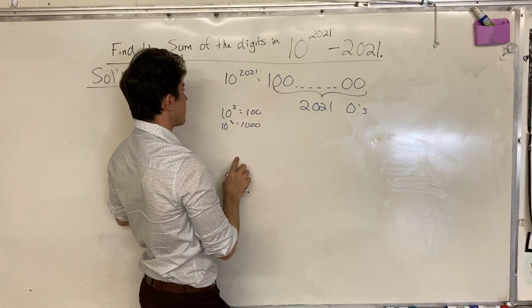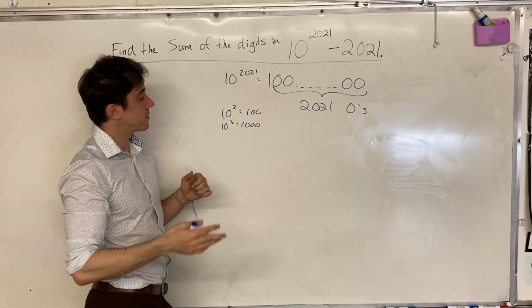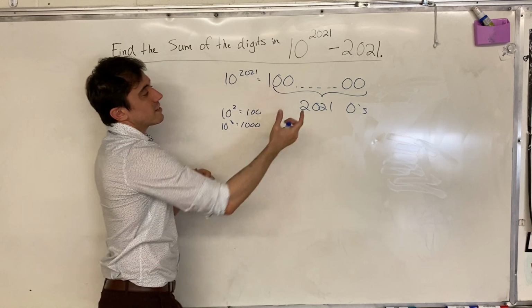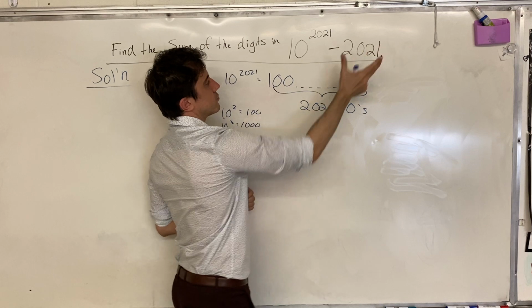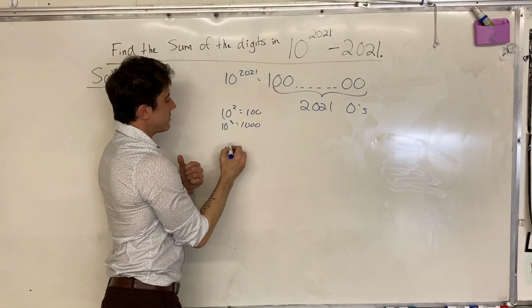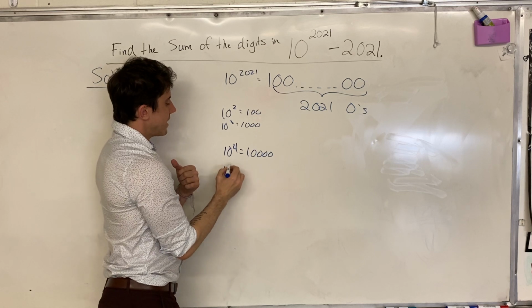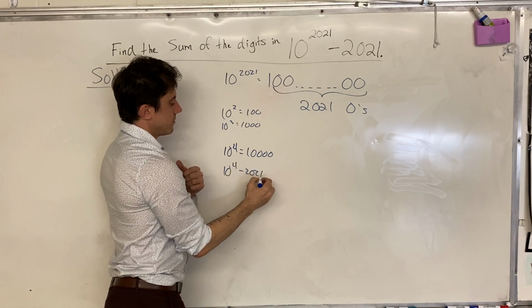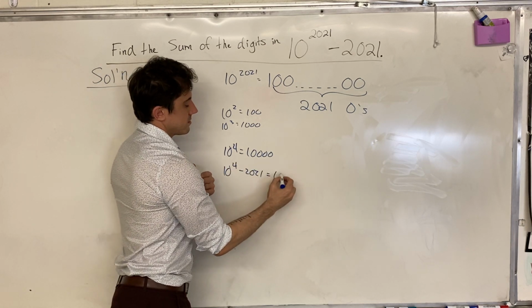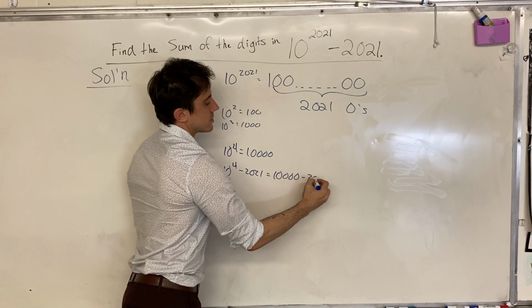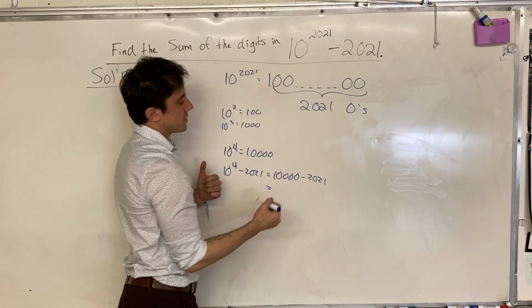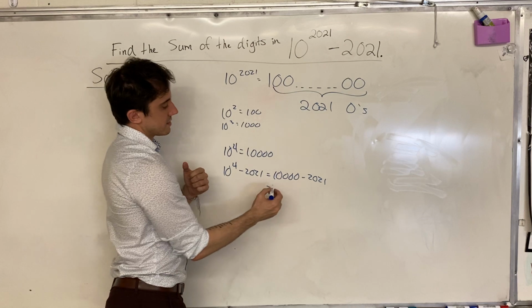What I mean by that is, let's start with the first power of 10 that's bigger than 2021. So if we have 10 to the power of 4, which we know to be 10,000, then 10 to the power of 4 minus 2021 is 10,000 minus 2021, which is, what is that?